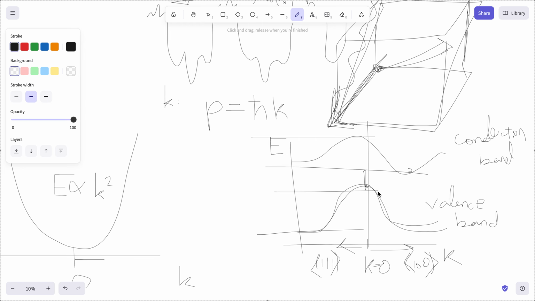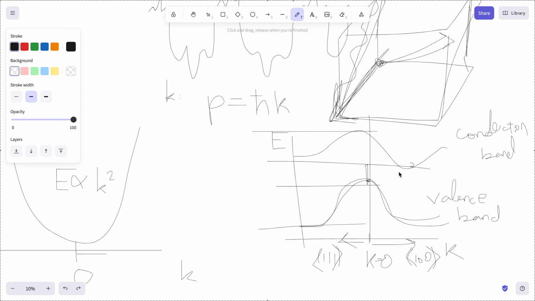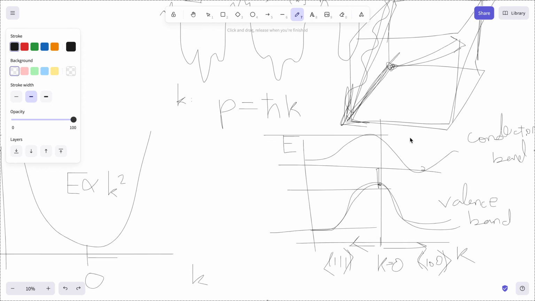And so you can see how the minimum of the conduction band and the maximum of the valence band, or where the band gap occurs, it's an indirect band gap, because they don't occur at the same K value. This is a simplified version of what the silicon band diagram would look like.